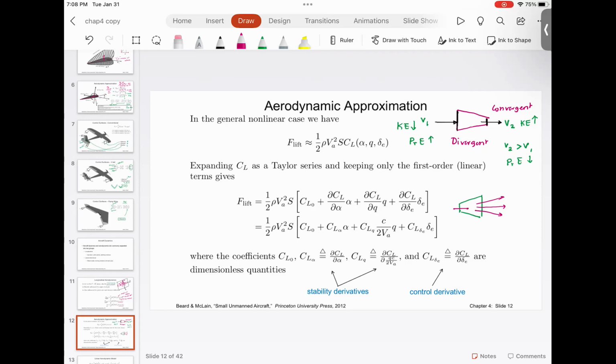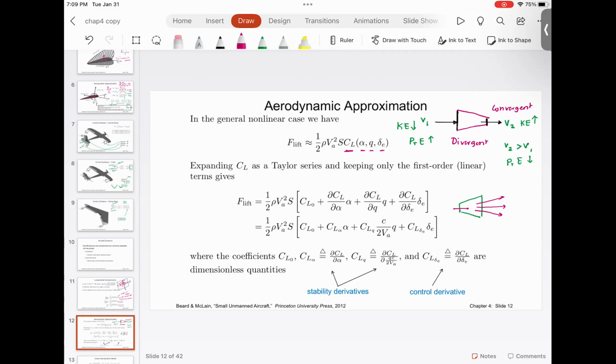Okay, so what I want you to do is understand the total lift is a function of alpha, Q, and delta E. So what I'm going to do is take the derivative of CL with respect to those parameters. We are going to use Taylor series expansion. Remember Taylor series expansion from robotics 1?